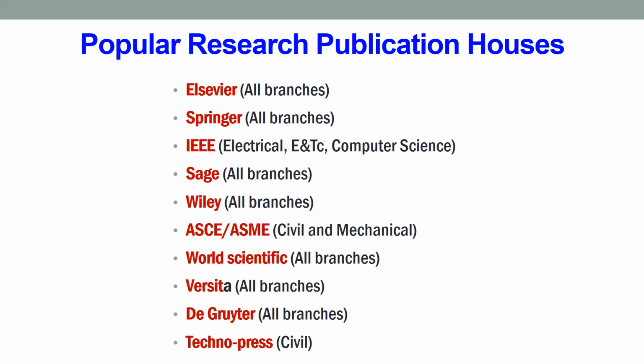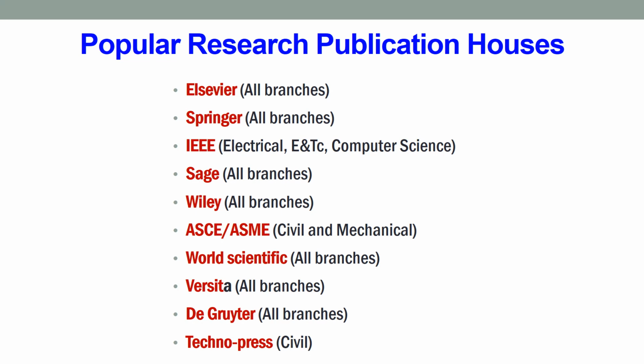So every year Elsevier publishes thousands of journals, thousands of articles. So Elsevier is the most popular publication house. Springer is also available, which is also publishing papers of all areas, all domains, engineering, science and technology. Then there is the IEEE publication house, which is very popular for computer science, electrical, electronics and telecommunication. This type of research you can publish in the IEEE publication house.